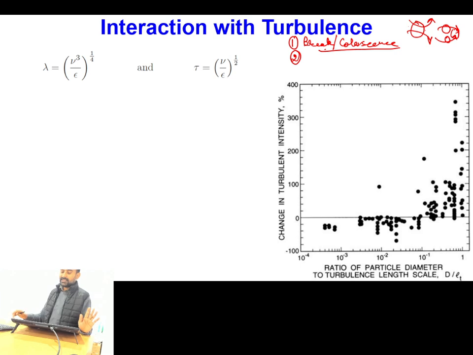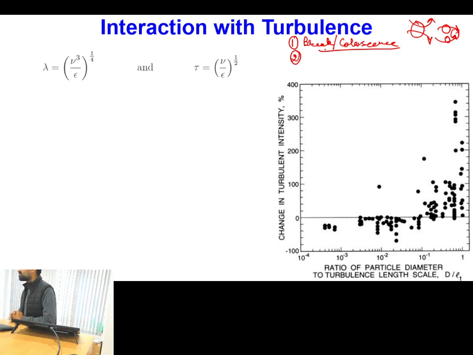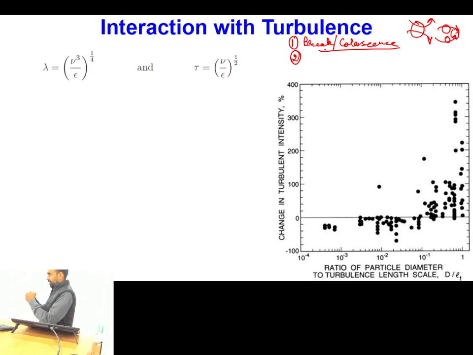So turbulence can lead to breakage and coalescence of the particle, and this breakage and coalescence will be mostly dominant for fluid particles. Say if liquid is present in a gaseous medium, then a liquid drop can break or liquid drops can coalesce together. Okay, and similarly if an air bubble is present in the surrounding liquid phase, then that bubble can also break or coalesce.